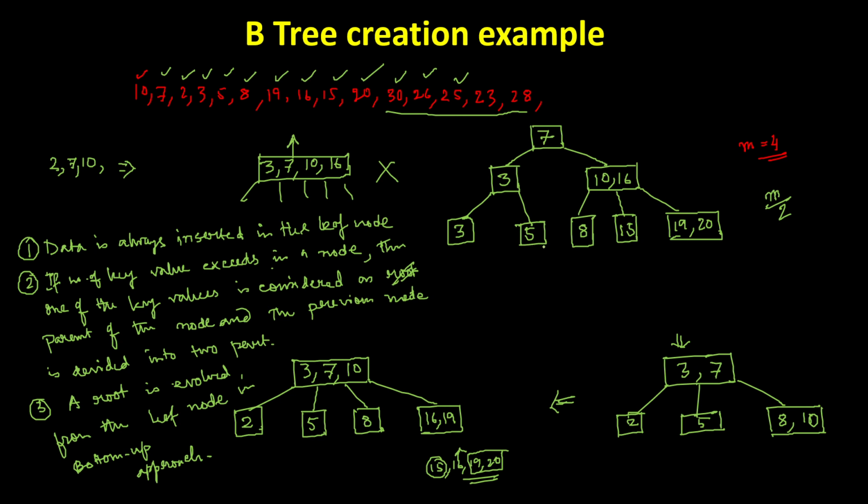And if after joining, the number of key values in this node has crossed the limit, then one of the key values will join with its parent node, and accordingly if required, some key value will go from here to its parent.